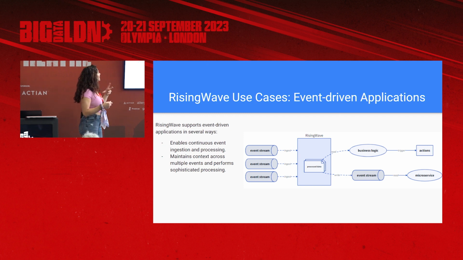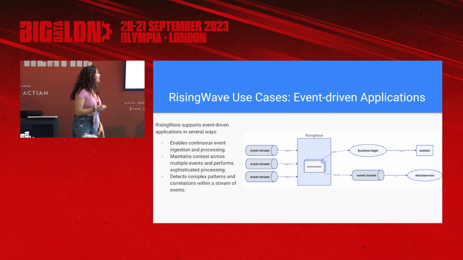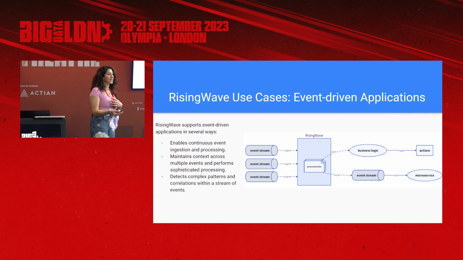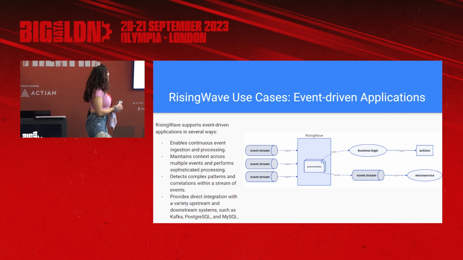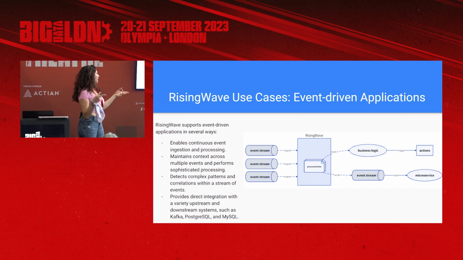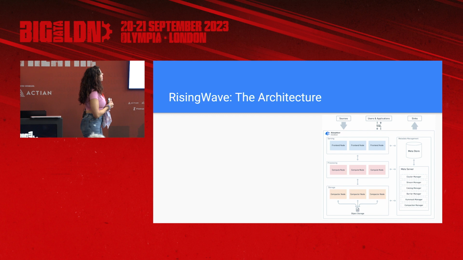You can maintain context around multiple events and perform sophisticated processing and detect complex patterns. This is where you can use it for fraud detection and things like that, where all the data really needs to be as fresh as possible. And Risingwave has a direct integration with the upstream and downstream systems, which is very useful.